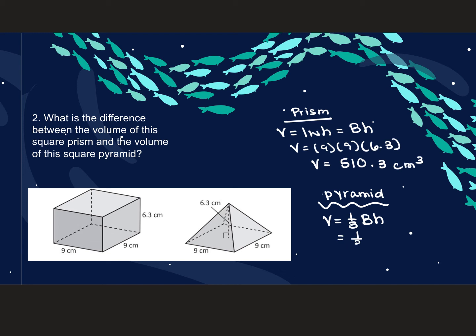So we have 1/3 of 9 times 9 times 6.3. If you notice here, they have the same measurements. The square base has a length and a width of 9 and 9, and a height of 6.3 for both of them.